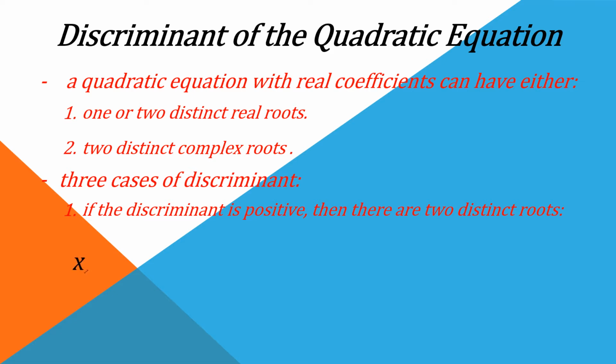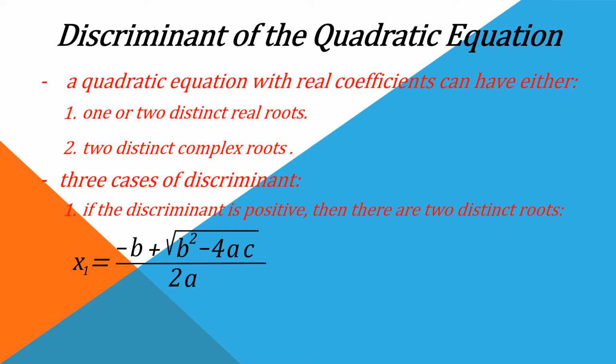x sub 1 is equal to negative b plus the square root of b squared minus 4ac all over 2a.